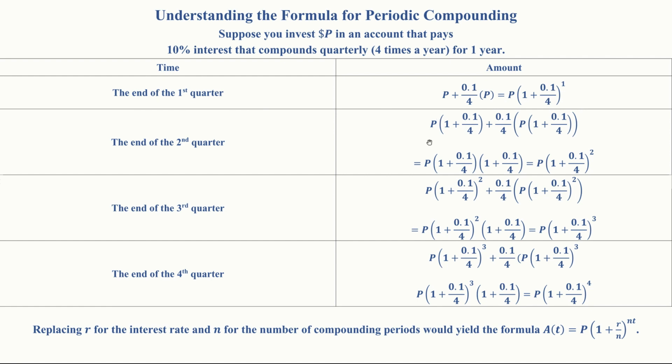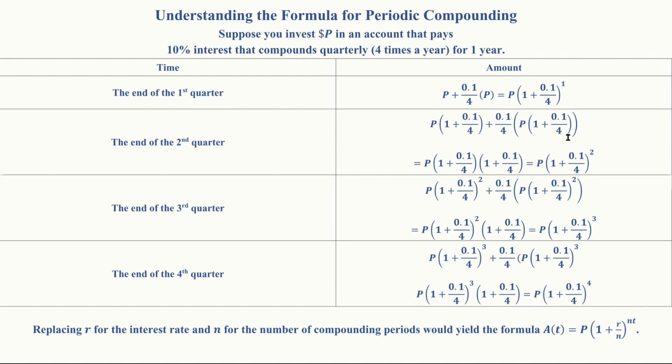So you start with that amount from right here, and you're going to add to that again 1/4 of the 10%. So this time it's going to be multiplied by this starting amount.